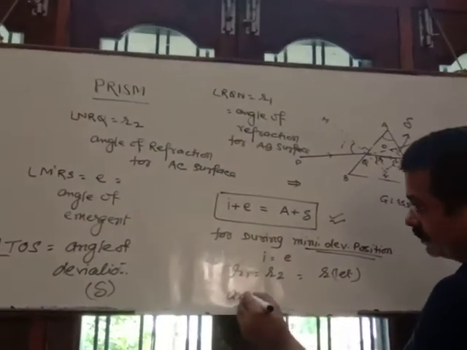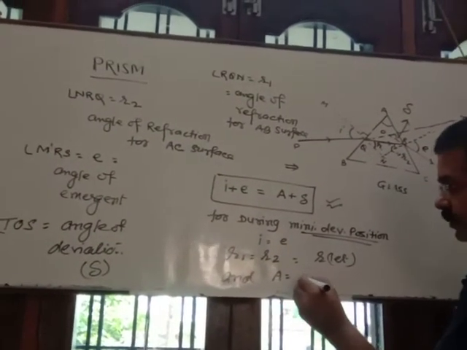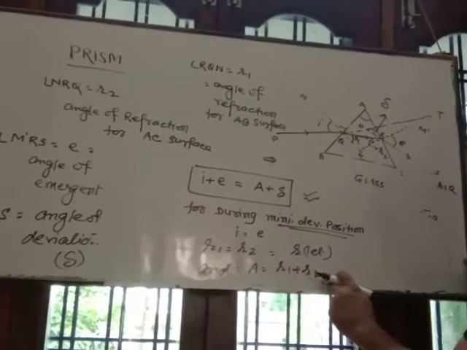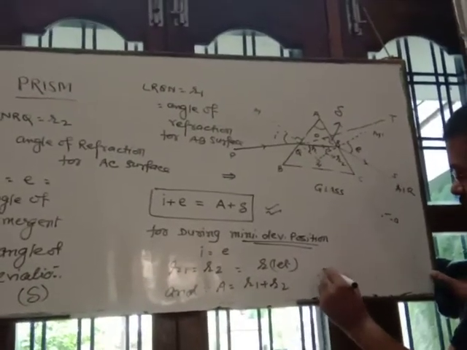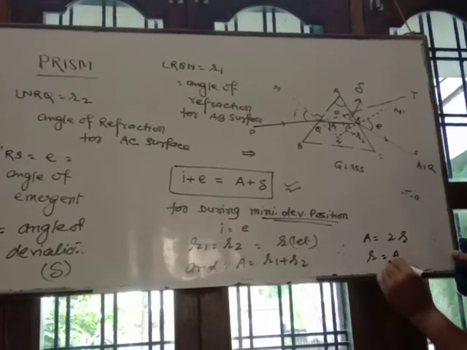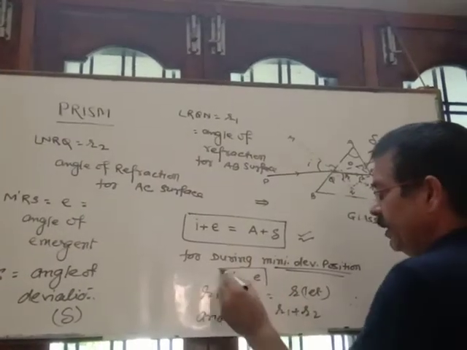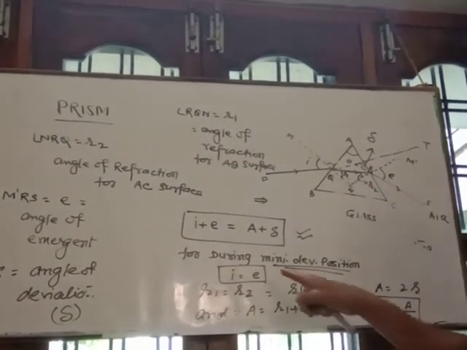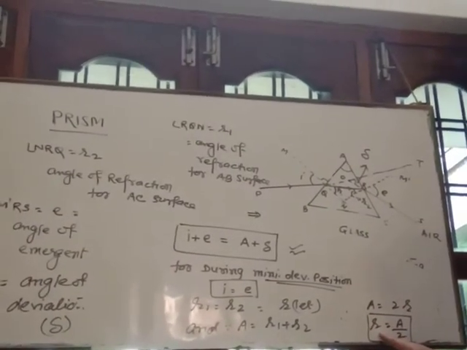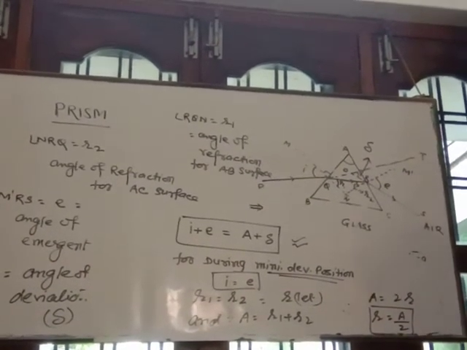For any prism, the angle of prism is equal to R1 plus R2. So if R1 is equal to R2, then A is equal to 2R, so R is equal to A upon 2. So the important point is that during the minimum deviation position, the angle of incidence is equal to the angle of emergence, and the angle of refraction is half of the angle of prism.